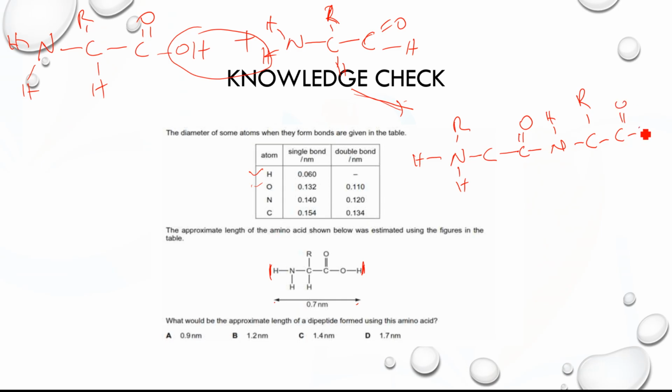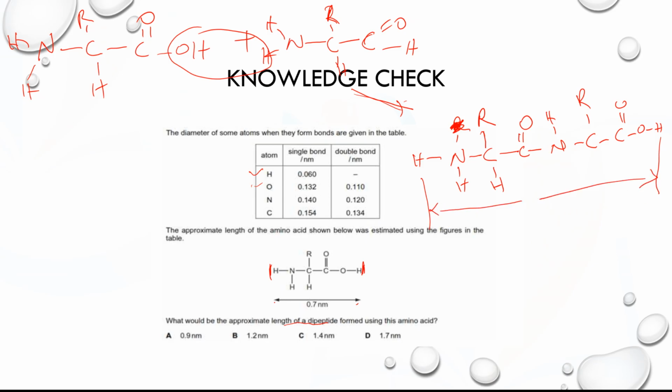What I'm going to do is, they want to know the length of the dipeptide, guys. Don't forget, nothing is here. The R group is here, hydrogen is here. So we want to know the length from here to here. Simple.